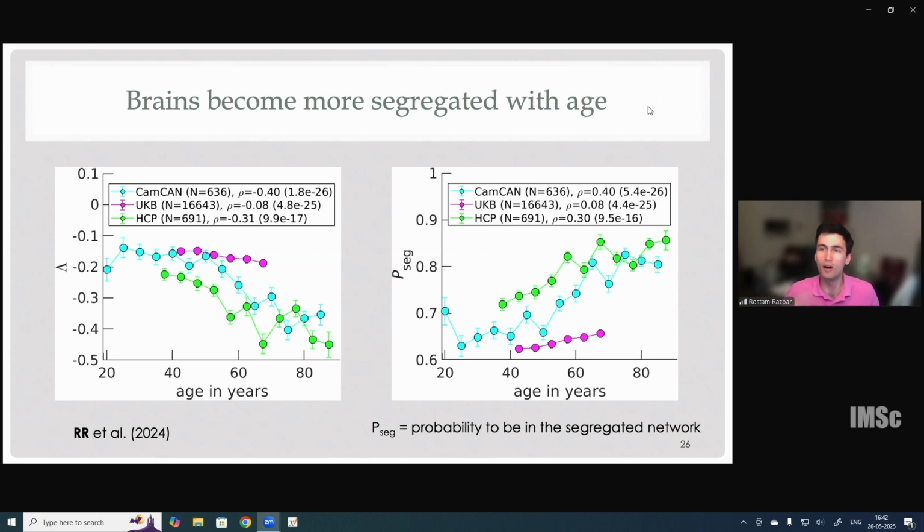And so we go off looking at what the experimental data looks like. On the left, we're showing these lambda values and how they change with age. And on the right, going back to the more interpretable probability of being in the segregated network state, completely determined by lambda: how does being in one network state versus the other change as you age?